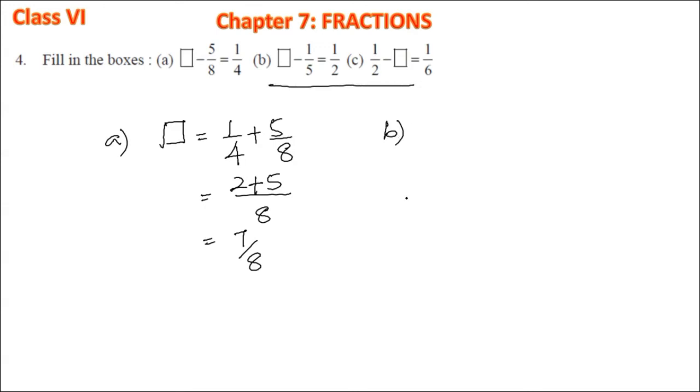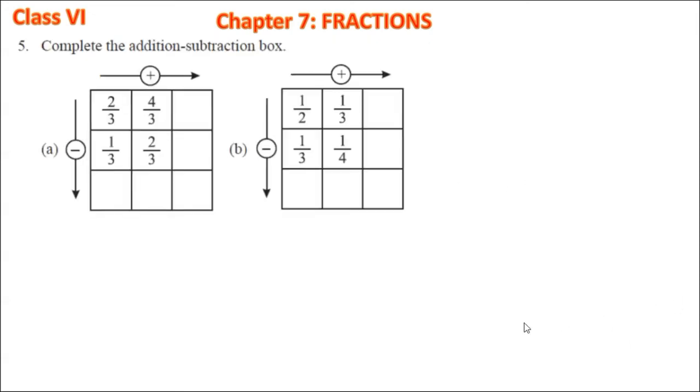If you solve the second one, you get the answer as 7 by 10. If you solve the third one, you get the answer as 1 by 3. Question number 5, complete the addition and subtraction box. If you go towards the rows, it's addition. If you go towards the bottom, it is subtraction.